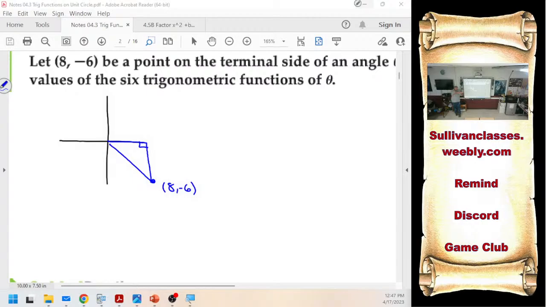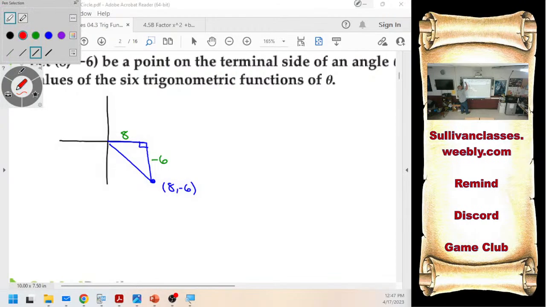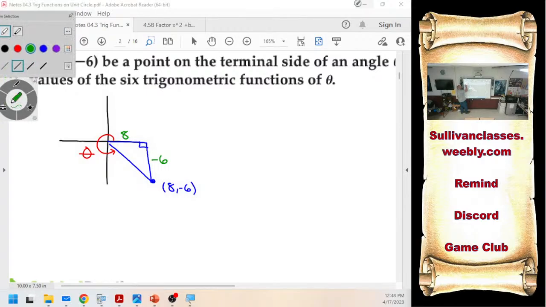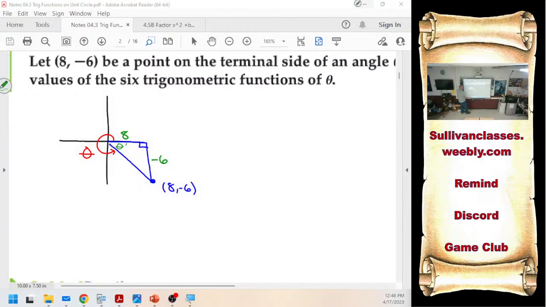X is left, right. Y is the up, down, -6. Remember, the negative tells me the direction. This is theta itself, but I'm going to be working with theta prime inside.